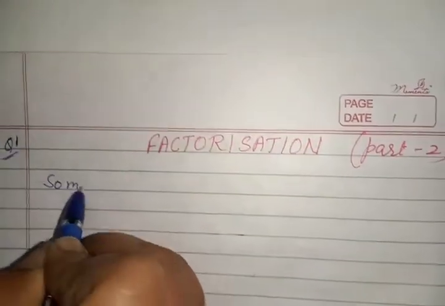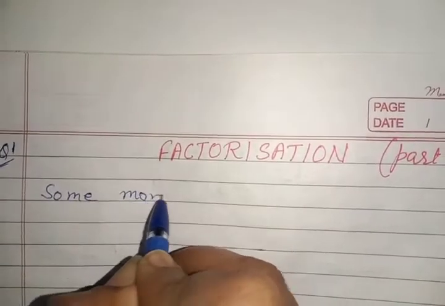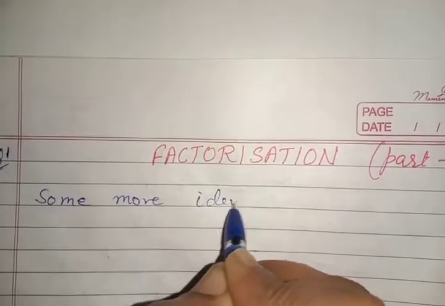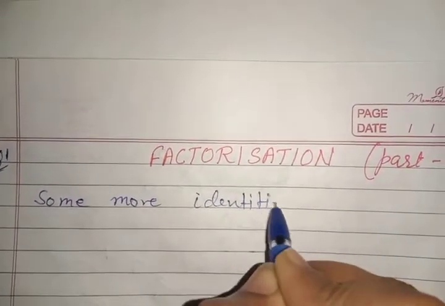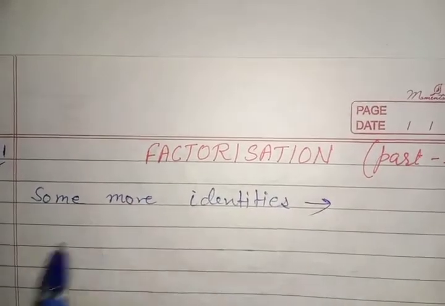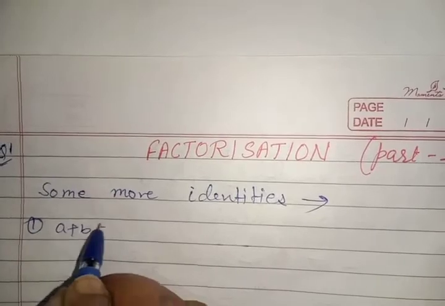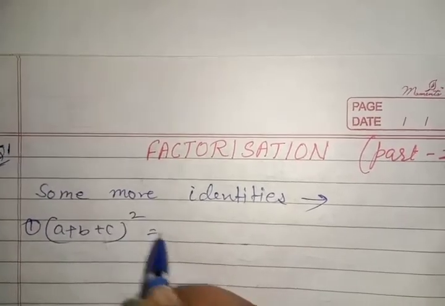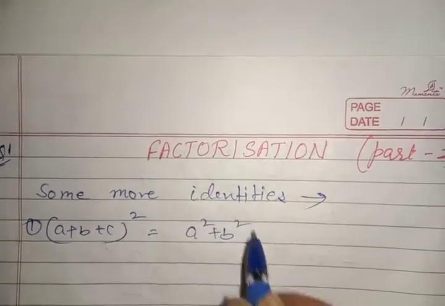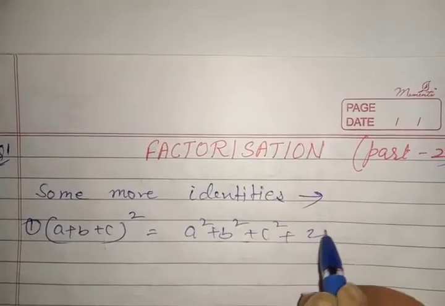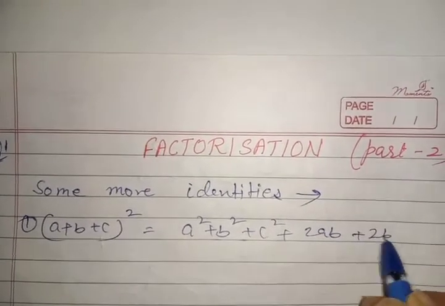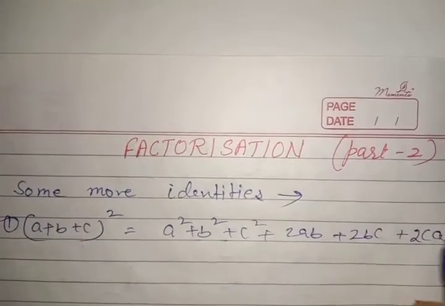So in this, first of all, I want to write some more identities that you need. First identity is (a + b + c) whole square, which gives us a² + b² + c² + 2ab + 2bc + 2ca.